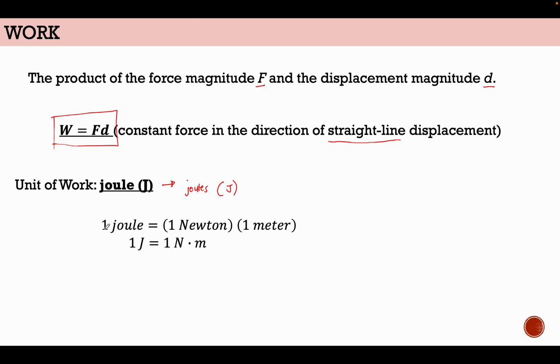It's because for the joule, we are using the equation for work. Work, in terms of joule, is equal to the force. Now, the unit for force is the Newton or newtons. And for the displacement, the unit is the meter or meters if plural.